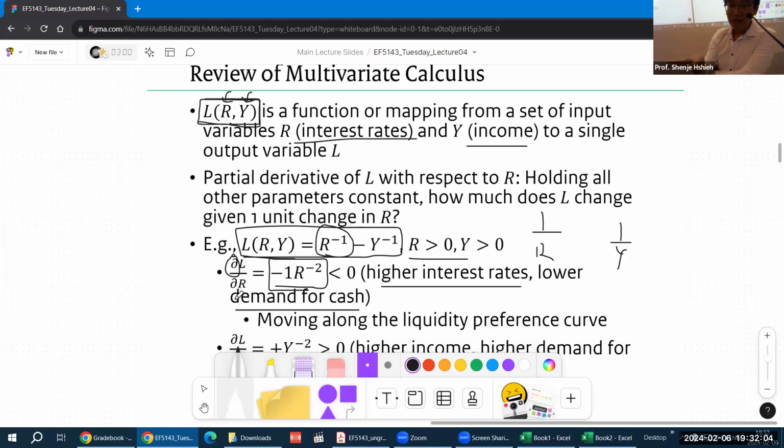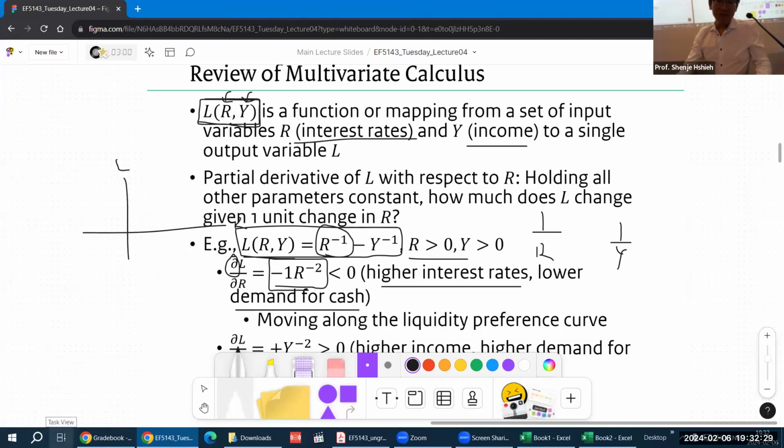And if it's negative, it means there should be an inverse relationship between R and L. So if I have L on the y-axis, R on the x-axis, it should be downward sloping, right? If L is positive going this way, it would look like this.